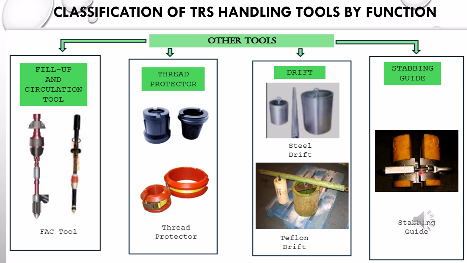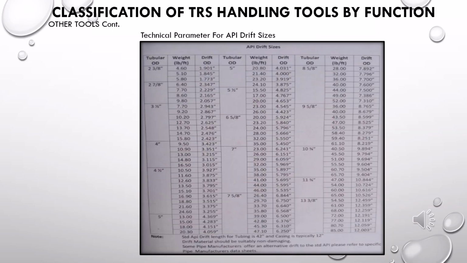And of course, we have the stabbing guide, which helps to stab the pin part of the pipe into the box end of the pipe successfully without damaging the thread. All right. Yes, just a technical parameter for API drift series sizes.